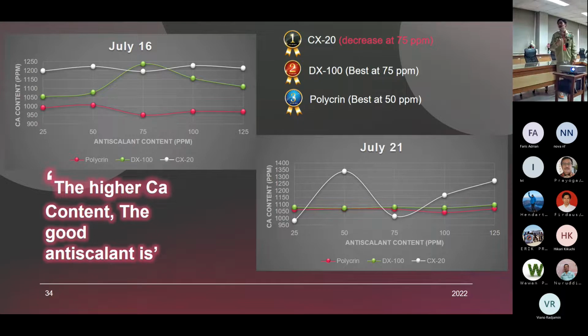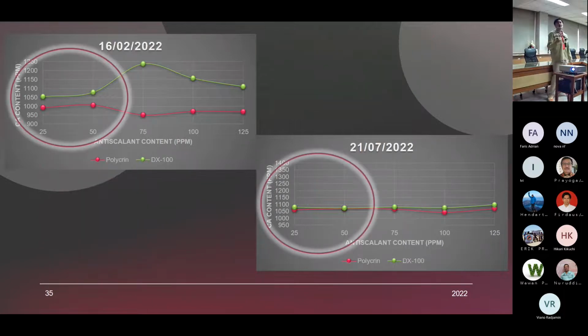DX100 has the best performance at 75 ppm. As for polygreen, it has the best performance at its own ppm. The areas in circles here are the variants and types of antiscalant that we will be using in the actual plant test.